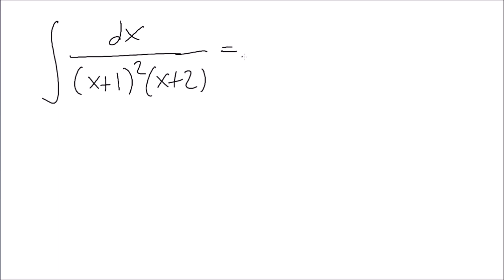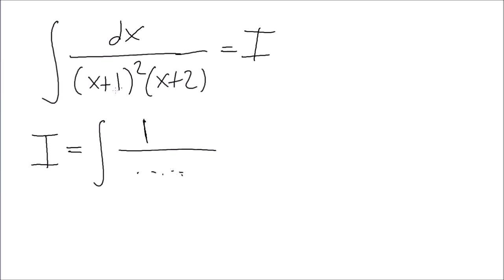All right, let's let this equal I. Oh boy, why are we letting this equal I? You'll see why. So we have 1. We know what the denominator looks like, right? We have it right here.